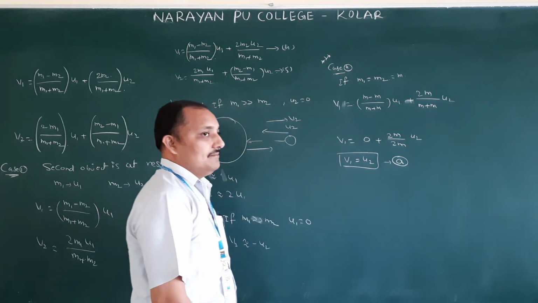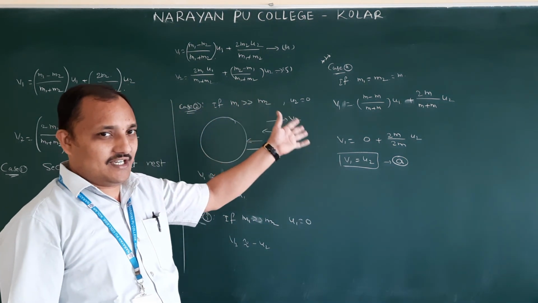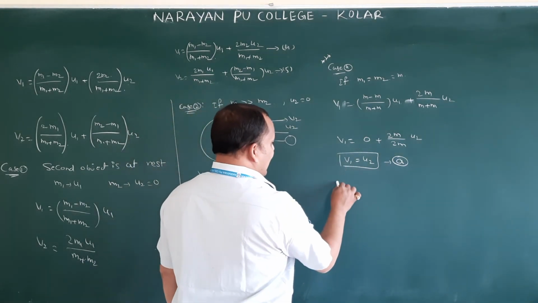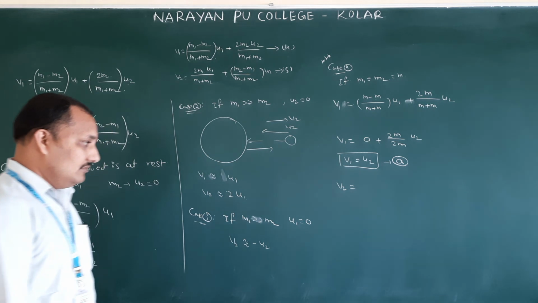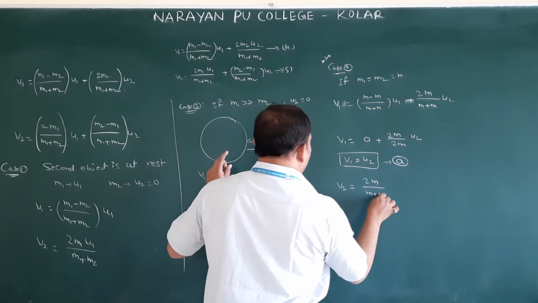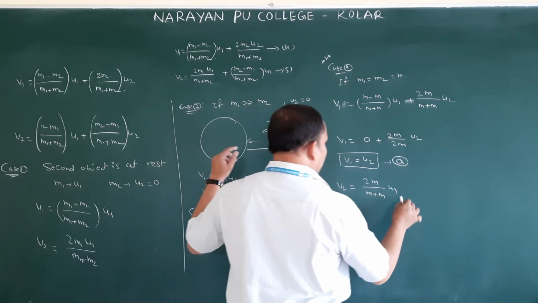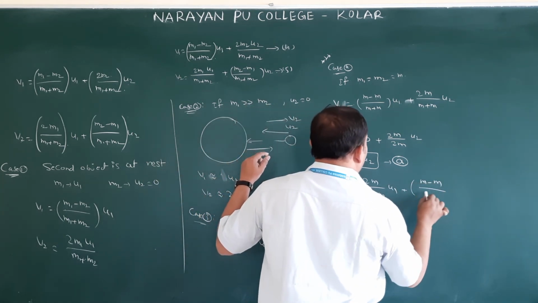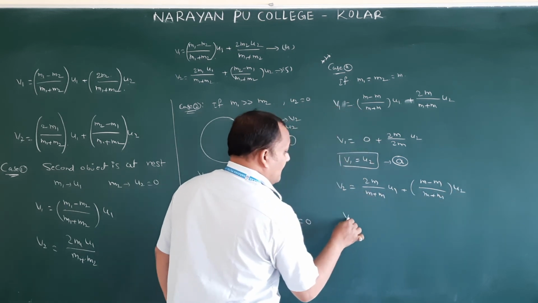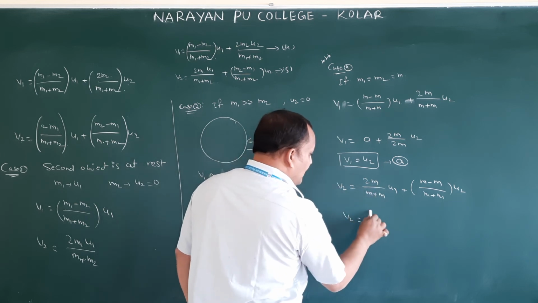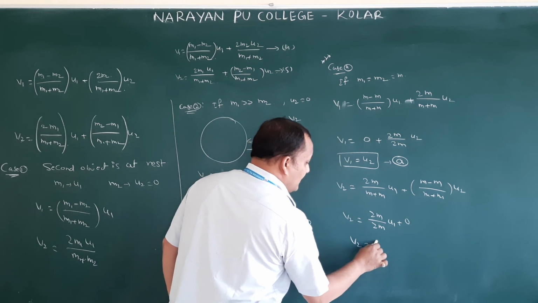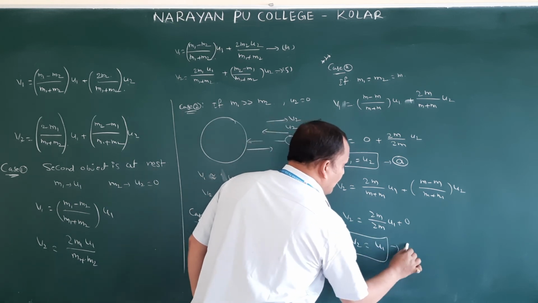This is a, because we already discussed case 1, 2, 3, 4, 5 equations. Next, the second equation: v2 is equal to 2m by m plus m times u1 plus m minus m by m plus m times u2. That is 2m by 2m times u1 plus 0, and v2 is equal to u1.